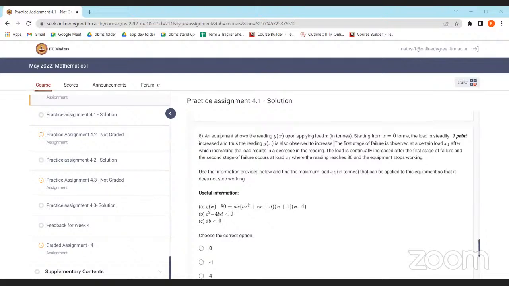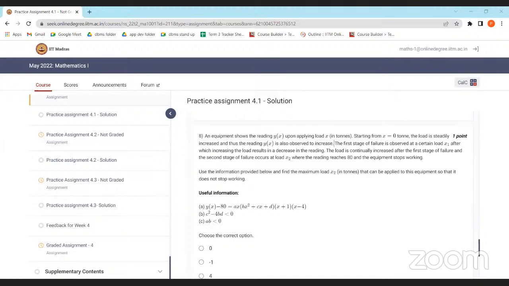As x is increasing, the reading y is also observed to increase. The first stage of failure is observed at a certain load x1, after which increasing the load results in a decrease in the reading. When the load is continually increased after the first stage of failure, the second stage of failure occurs at load x2, where the reading reaches 20 and the equipment stops working.